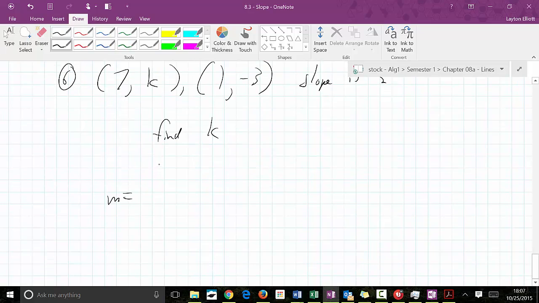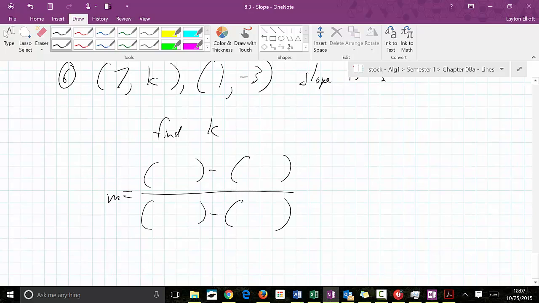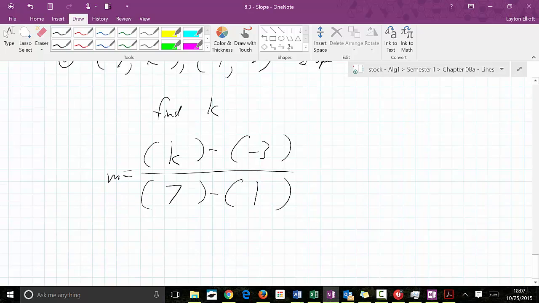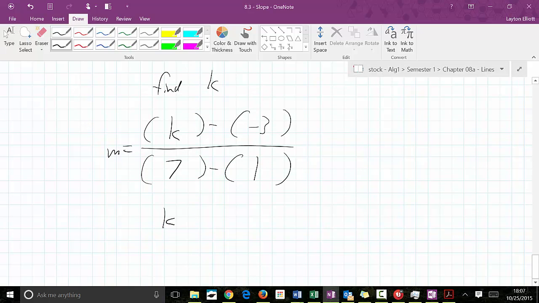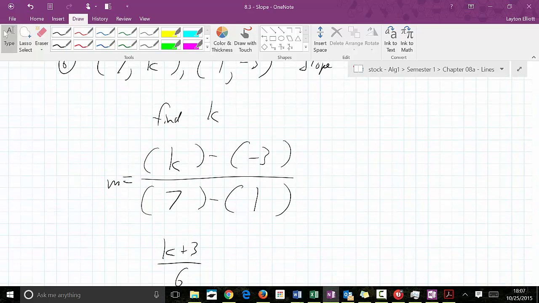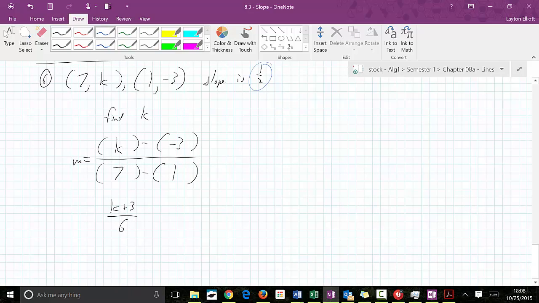I'm going to go m is equal to the change in y's over the change in x's. If I plug in the first point, I get 7, k, and the next point would be 1, negative 3. And then I'm going to simplify that. That's actually k plus 3 over 7 minus 1, and that's 6. So that's my slope. But it actually says 1/2 is my slope. So I'm going to plug this down here and make them equal to each other.